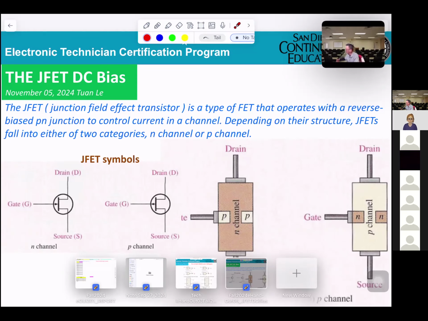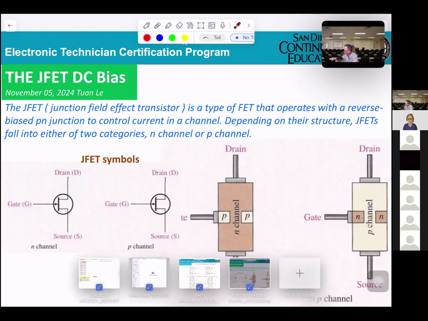That means you still get the diode, to control the current in a channel. Depending on their structure, FETs form either of two categories, N channel and P channel.